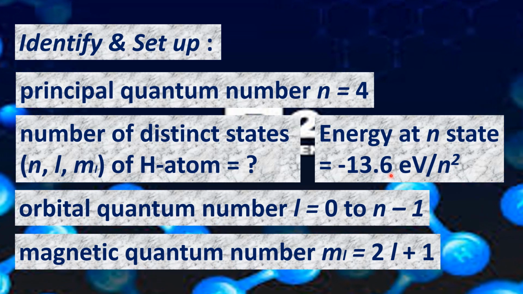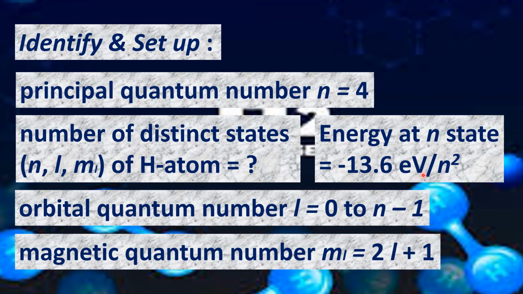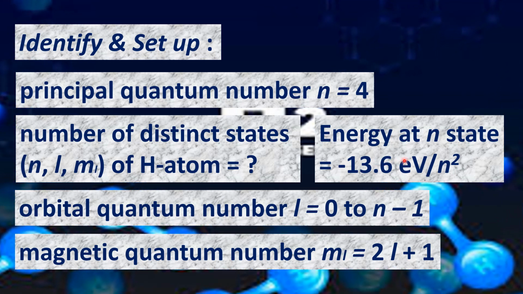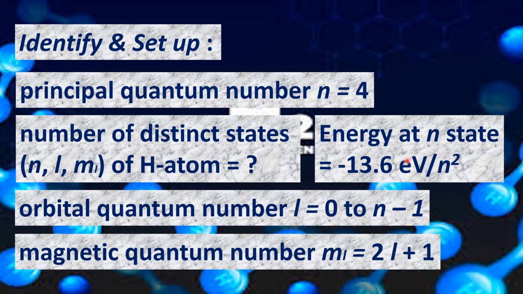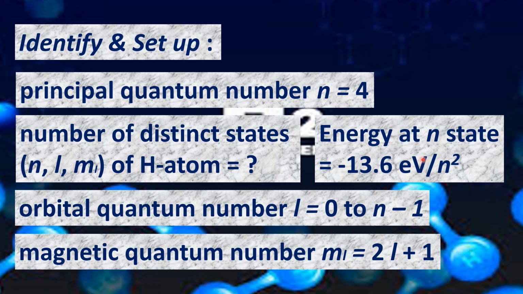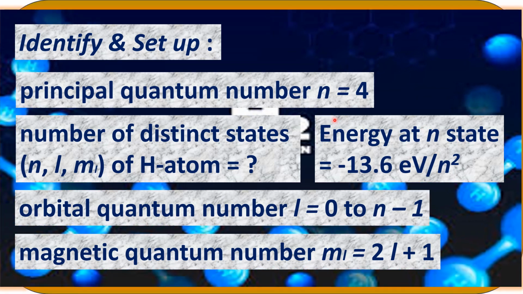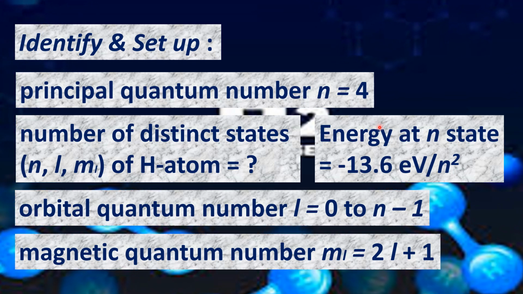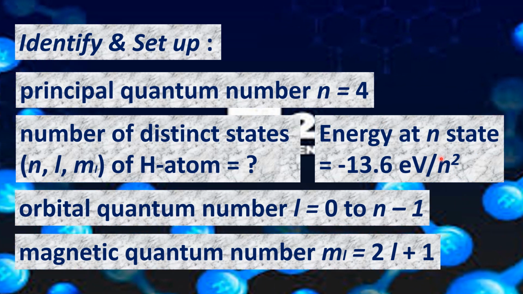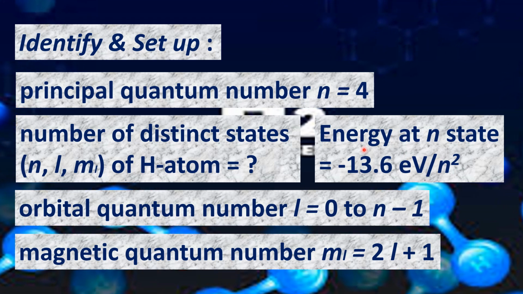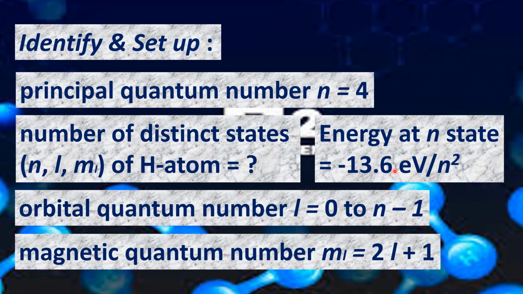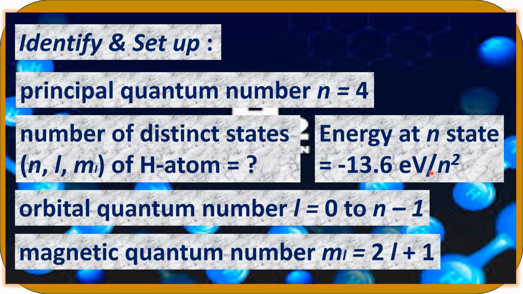This constant, negative 13.6 electron volts, pertains to the energy of what we call the ground state. So in the ground state, the energy level has been determined to be equal to negative 13.6 electron volts.